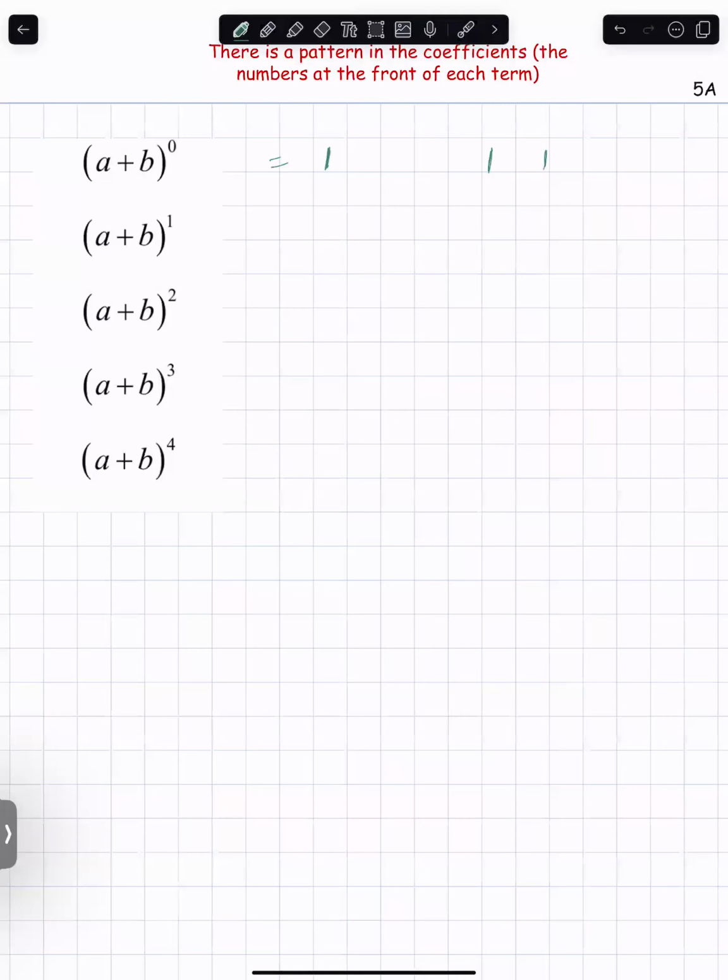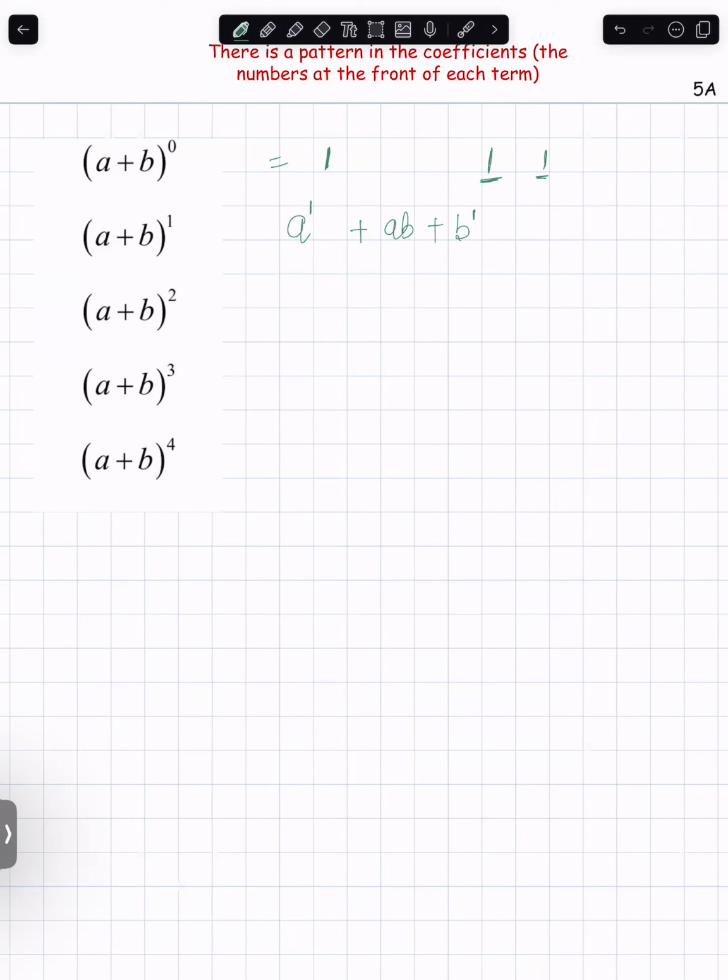That means the first power of a will be raised to the power of 1, so we have a to 1. Then we have our ab, which is also raised to 1. Then we have our b raised to 1. So you just include your 1 and 1. That is all. So it's just going to be a plus b. So this is what you have for your expansion.